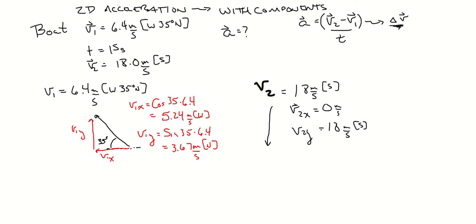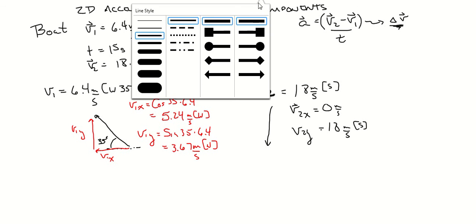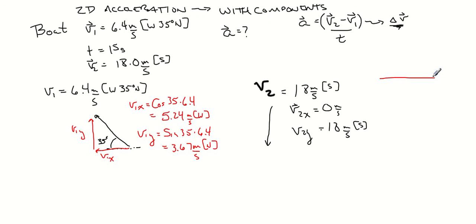Okay. Now at this point, I'd like to make a little statement to myself whenever I'm doing the rest of the solution. Let's just make sure that we know that we're going to make north positive, and let's make east positive for this, so that we know what components are going to be positive and what components are going to be negative.